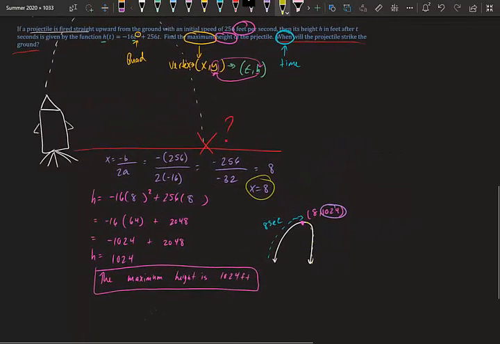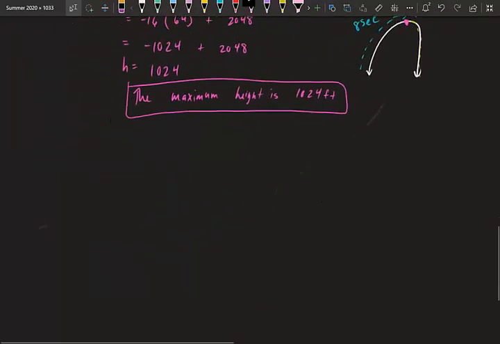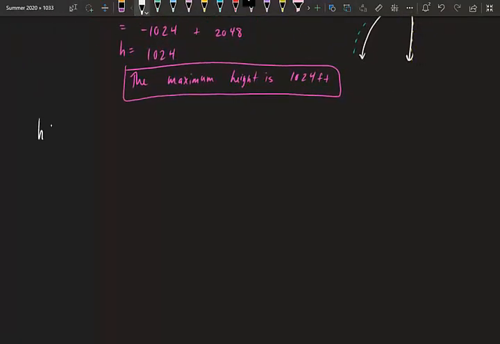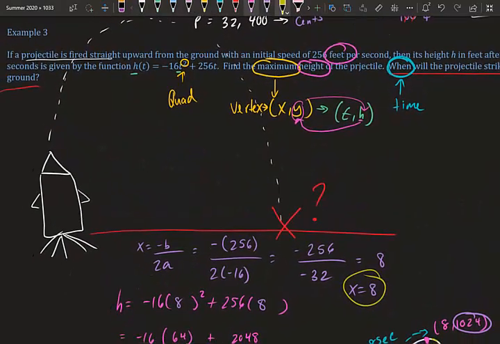All right. Now it's asking us, when will the projectile strike the ground? So when represents t. I'm just going to rewrite our function here. We have h of t equals negative 16t squared plus 256t. So we drew our little picture, and when is when it strikes the ground. Left and right, doesn't that mean x, or in this case, t?